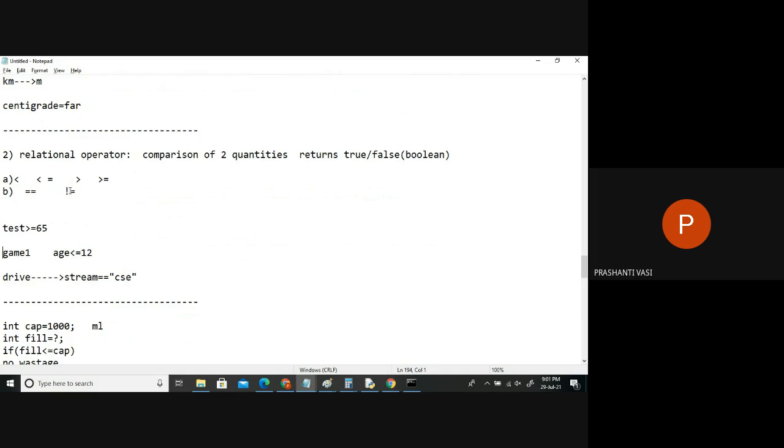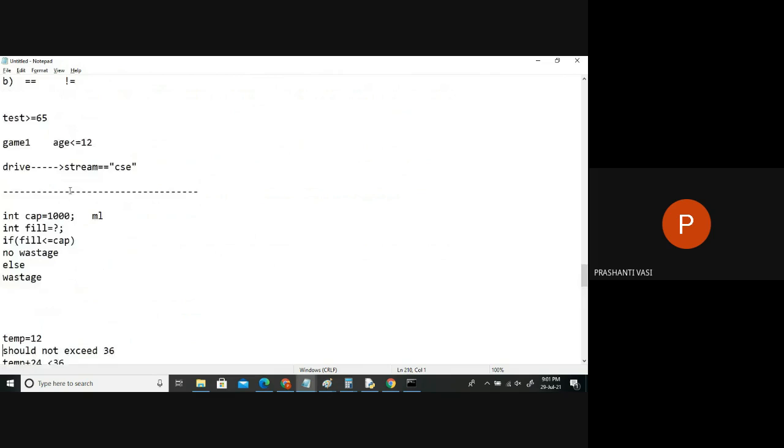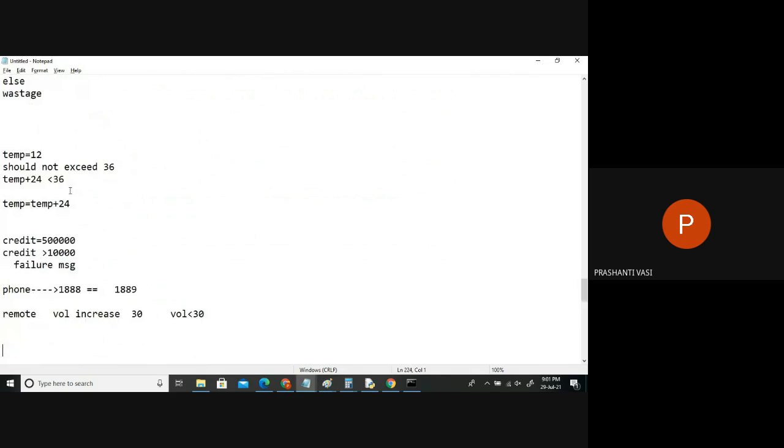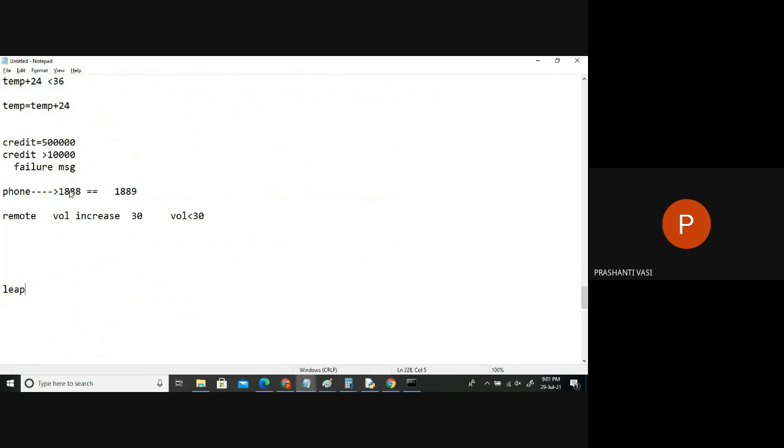One simple example, like leap year: generally, which years can we say are leap years? Simple concept. If a year is divisible by 4 and gives the exact remainder as, see, the symbol is for the remainder.